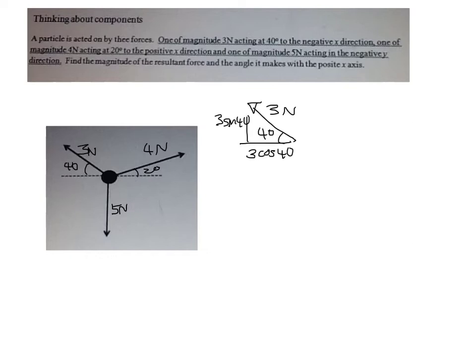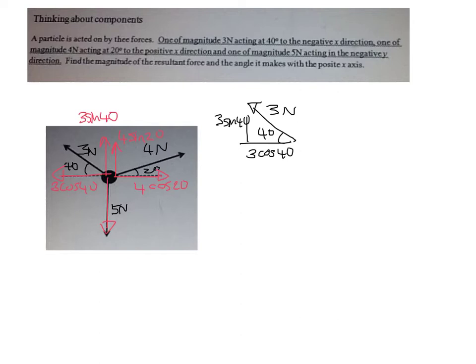So we can break it up into the particle feeling a push or a pull upwards, 3 sine 40, and one to the left, 3 cos 40. Similarly, a pull to the right with a force of 4 cosine 20, and a pull up with a force of 4 sine 20, and then down obviously with the 5.